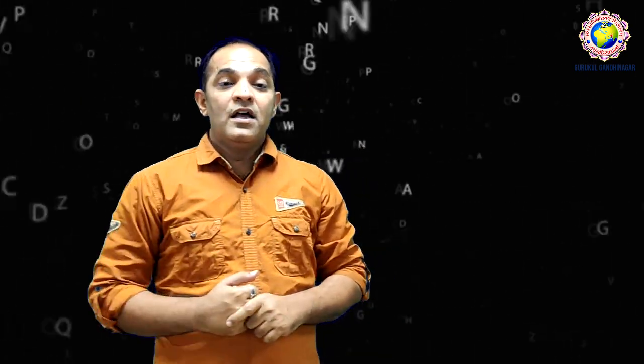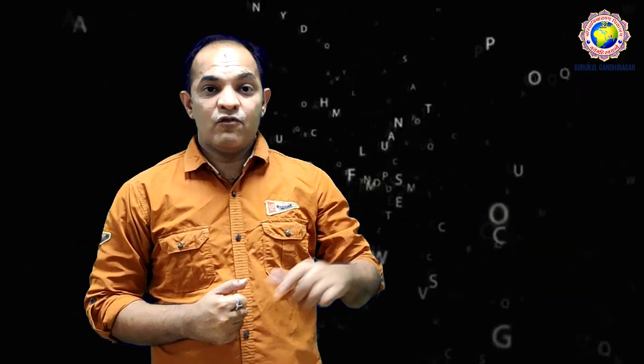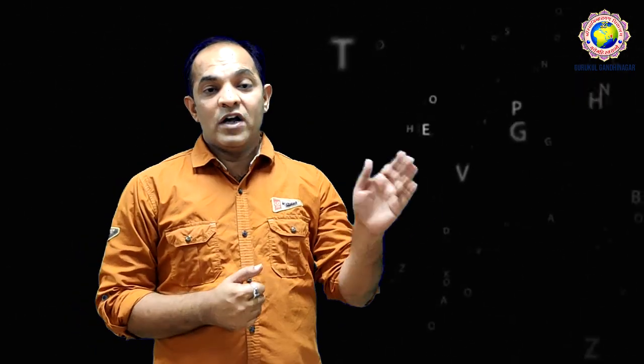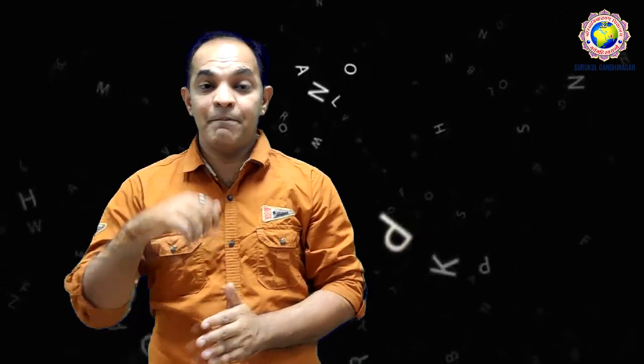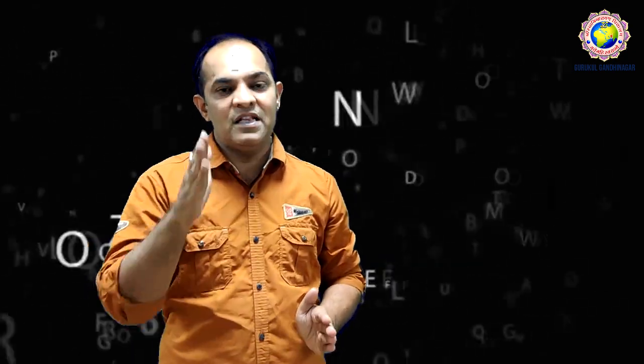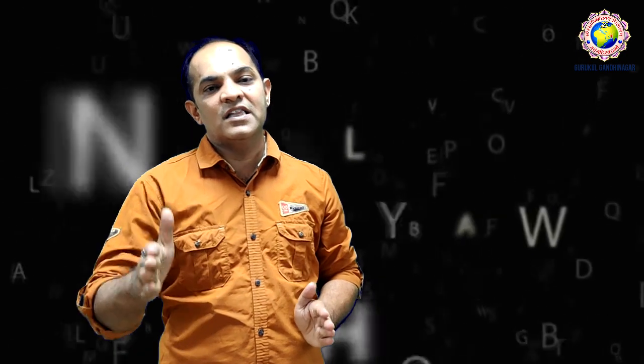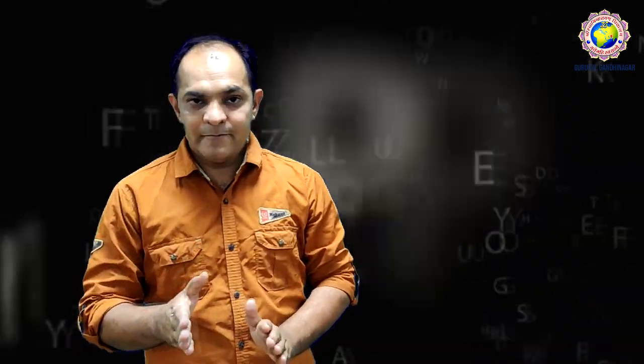Now another formation, WH: what, where, when, why. What is the formation of active voice? WH plus did plus subject plus verb in root form, then object, other words, question mark. But in passive voice: WH plus, instead of did, we write was, were, plus, instead of subject, we write the object, after that the verb in past participle, then by, then subject, other words, question mark, right?